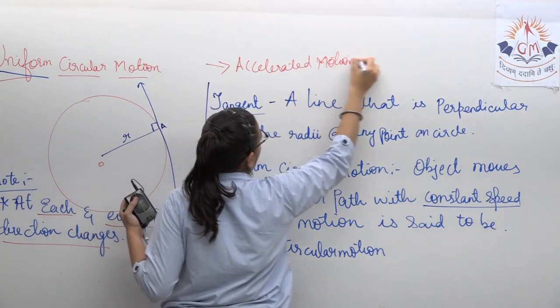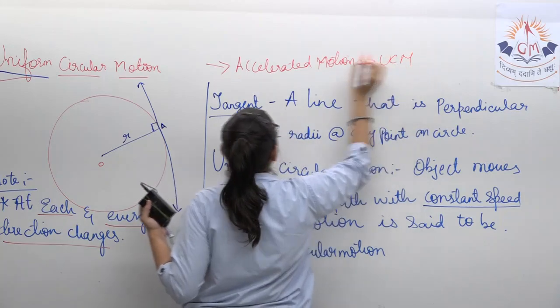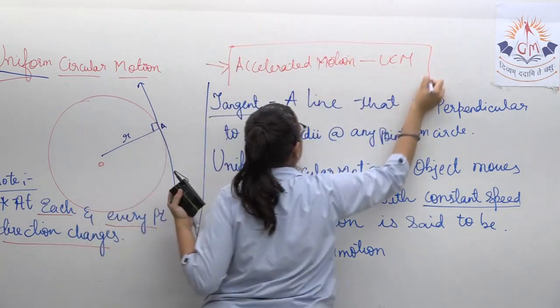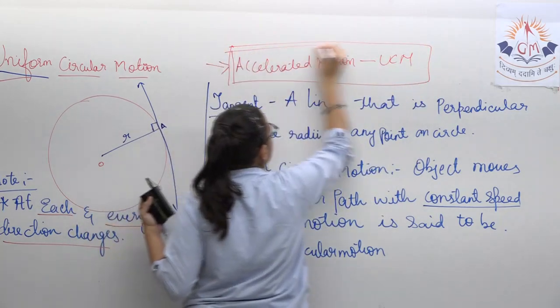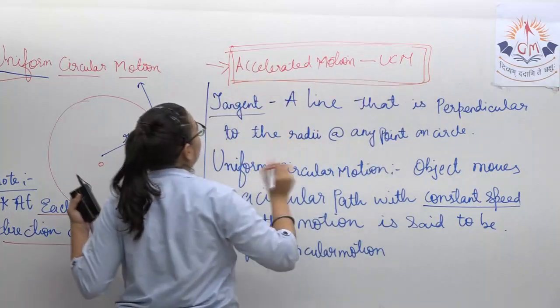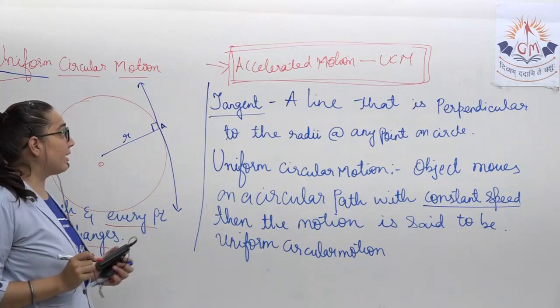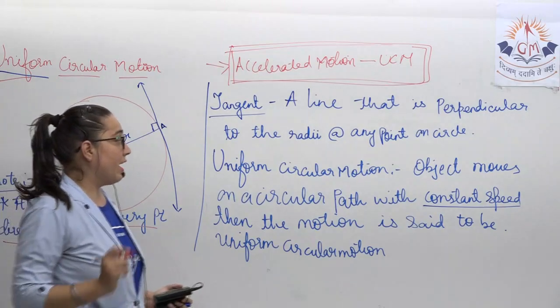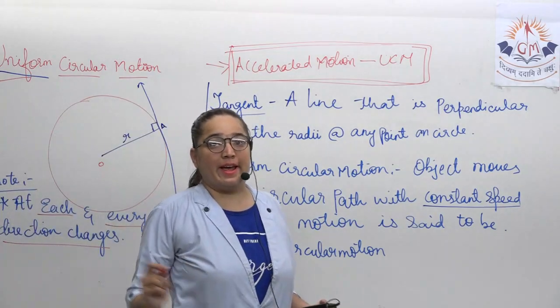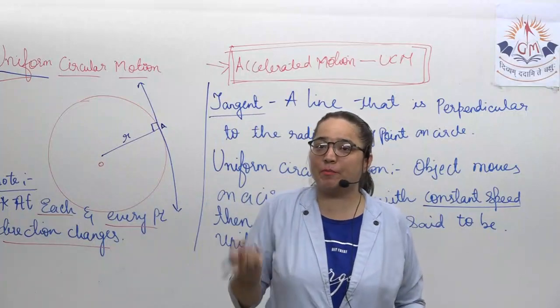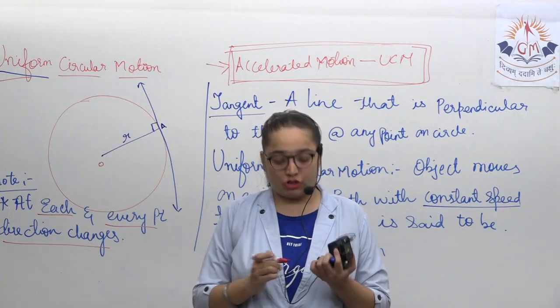This you have to remember, that uniform circular motion is which type of motion? Accelerated motion. Note it with block handwriting. It's a very important concept that the uniform circular motion is accelerated motion, because at each and every point the velocity is changing.